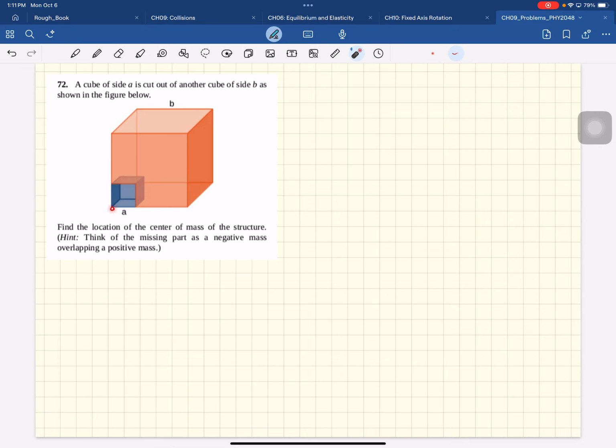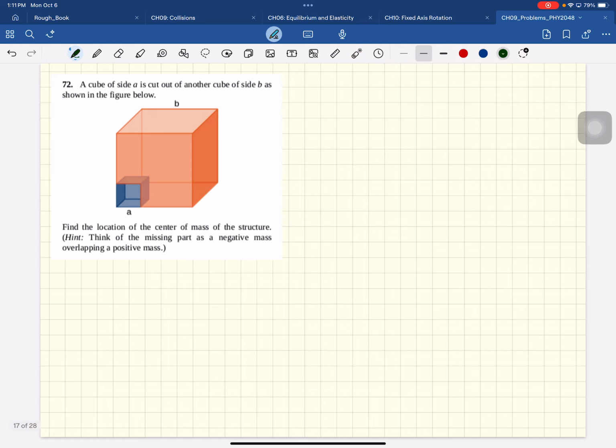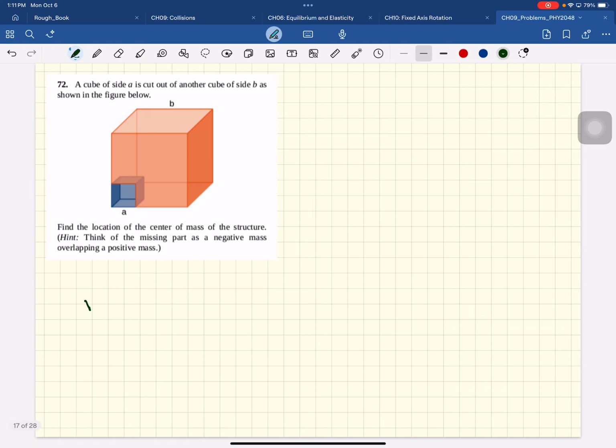So here's the x-axis, which would be b by 2, b by 2, b by 2. So the center of mass for the whole cube would be b over 2, b over 2, b over 2.